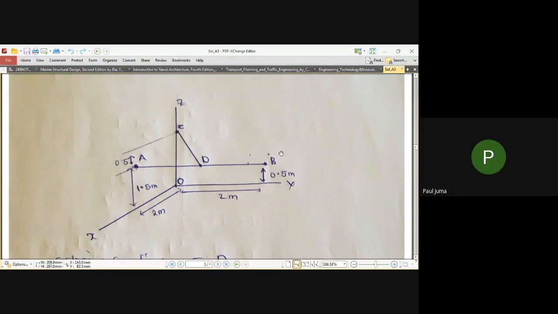Positive 2, positive 0, 1.5. The coordinates for B? B is 0, 2, 0.5.